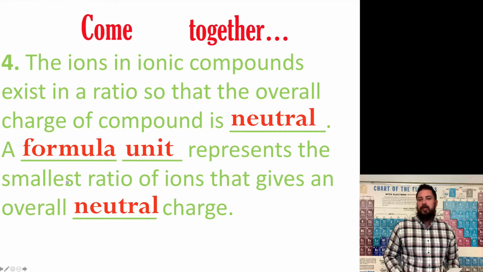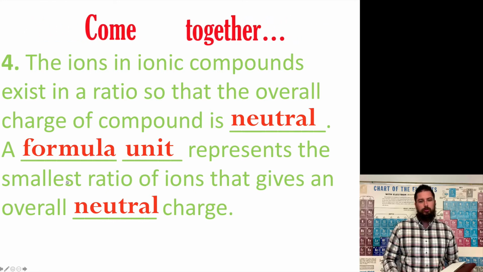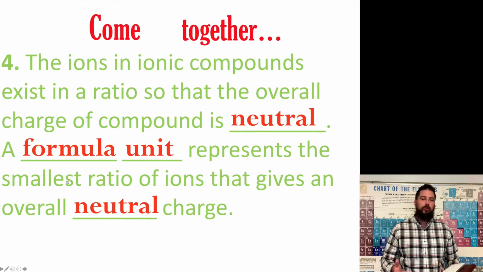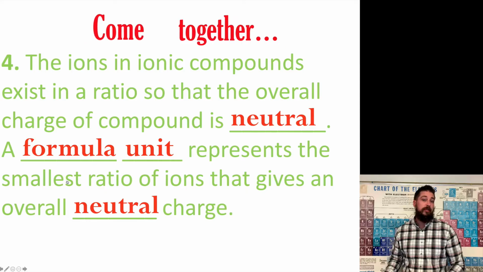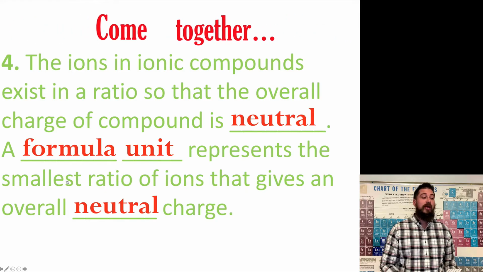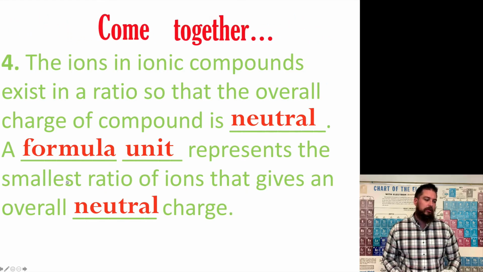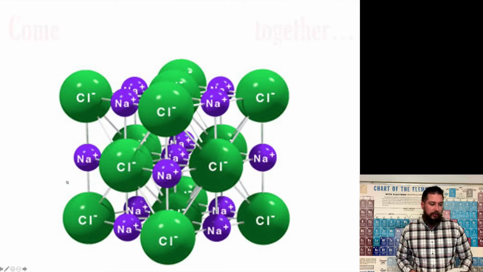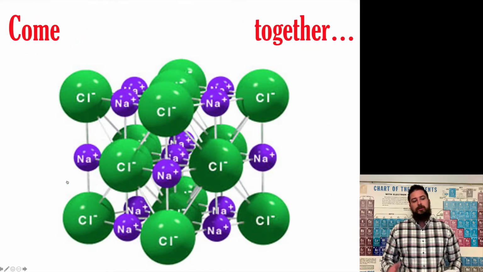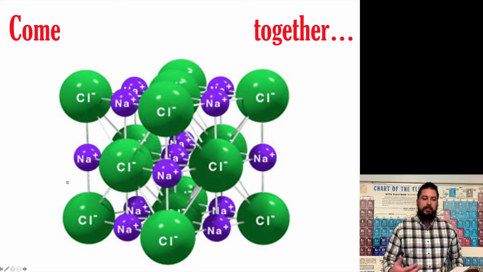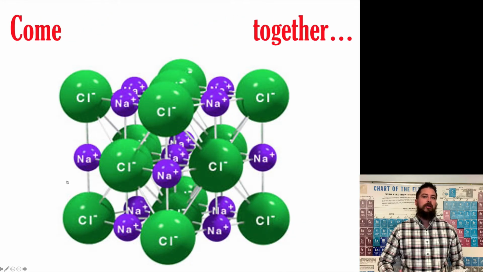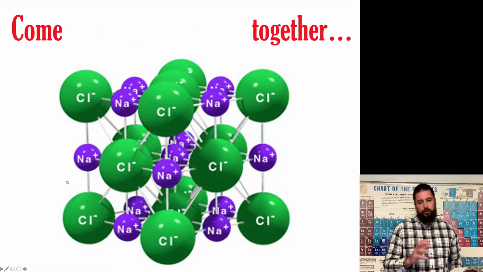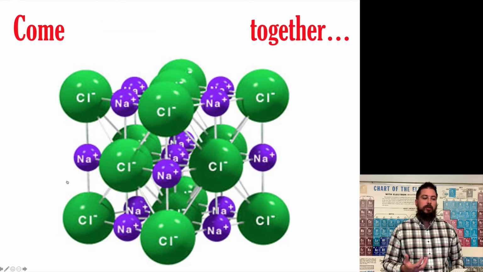We've talked about the fact that formula units and molecules are different: one is for ionic compounds, one is for covalent. So we're going to talk about how formula units are different from molecules. This is what a sodium chloride structure looks like.